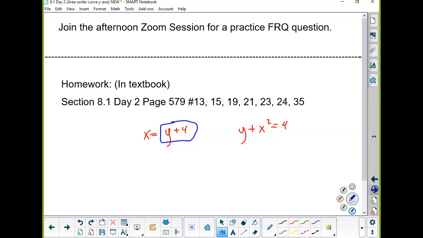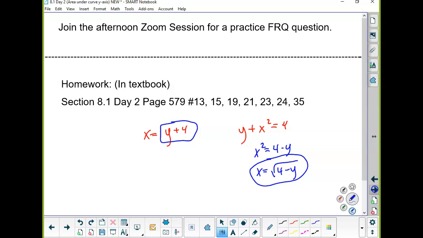So we're going to use dy instead of dx. You need to just take this one and solve for x. So you might have to do a little bit of algebra first. So that equation now is written in the form of the other one. Does that make sense? Okay.